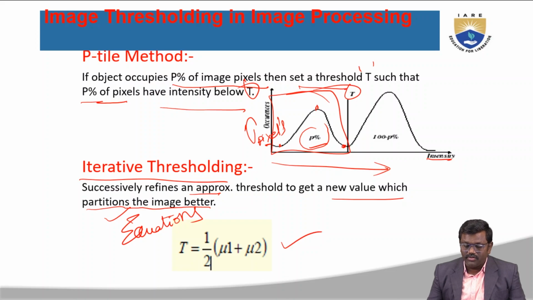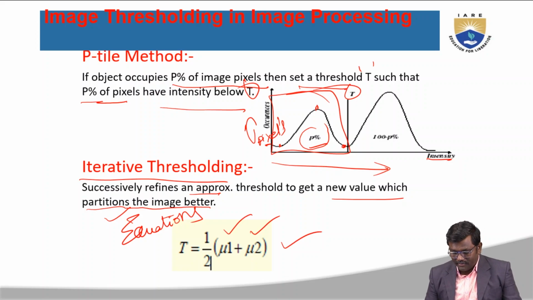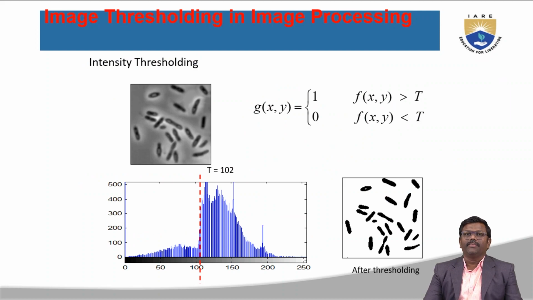Here we are going to use two values, mu1 and mu2. So 1 by 2 into (mu1 plus mu2) is how we define the further threshold value, in terms of approximation only. How do we define that?